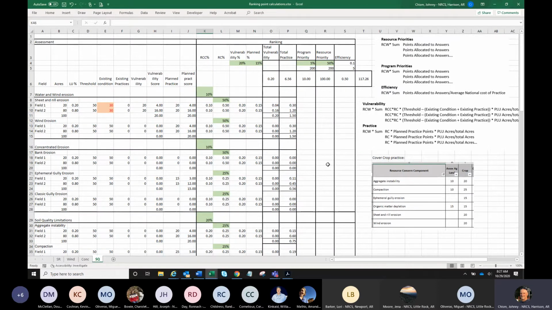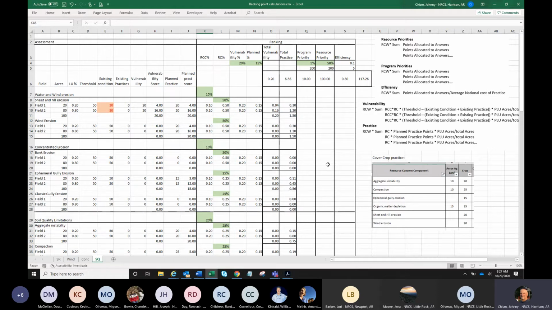Some people say, well, I don't like the way that works and whatever. I kind of like the way it does reward people that have more vulnerabilities. If there's more problems out there, they get more points. And if they do more practices, they get more points, regardless of whether there's a resource concern or not.